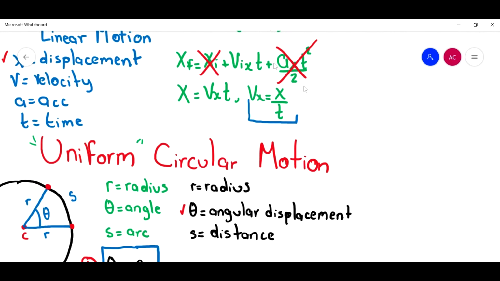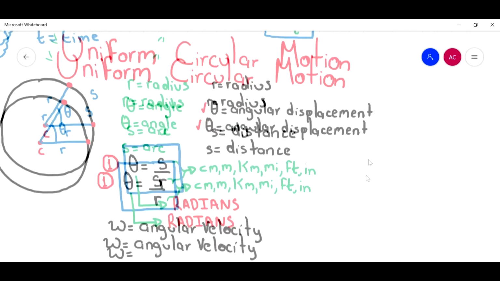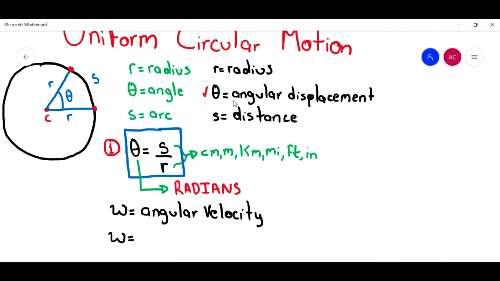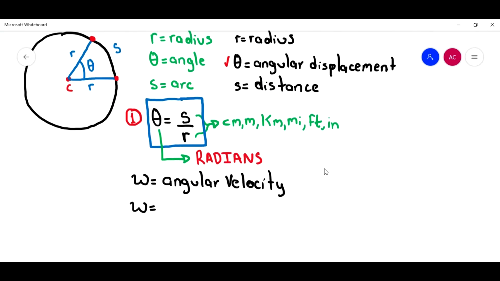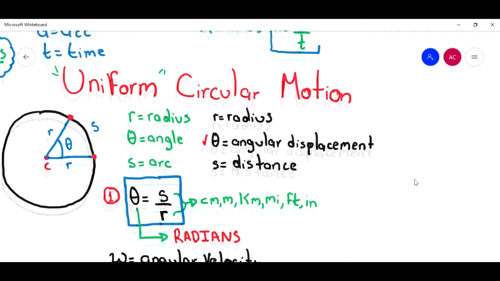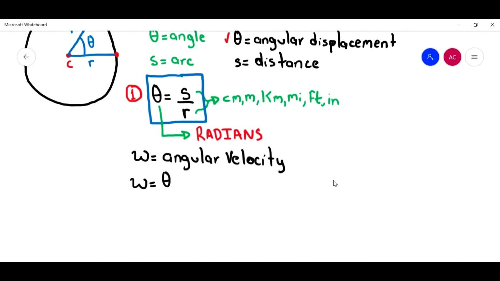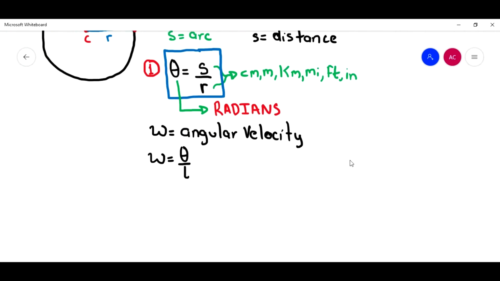According to the previous equation I need the distance, but in this case I'm not going to use the distance; I'm going to use the angular displacement divided by t, I mean time. That is the equation. What are the units? Remember that the angular displacement is measured in radians, and time could be seconds, hours, minutes, days, and so on. It depends on the problem.